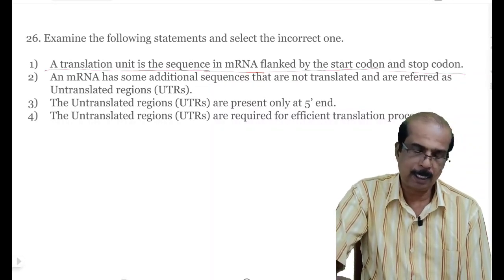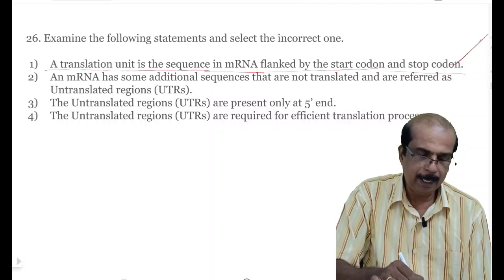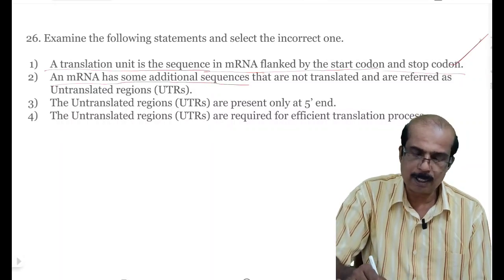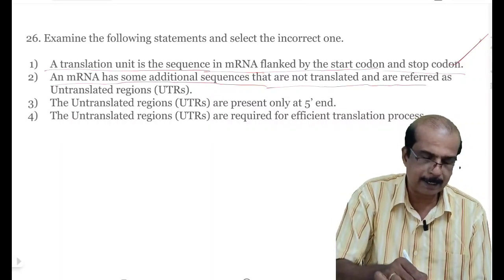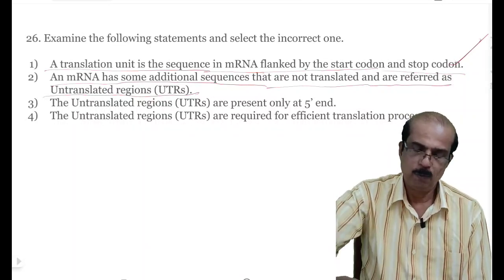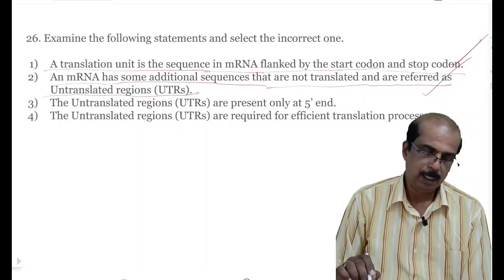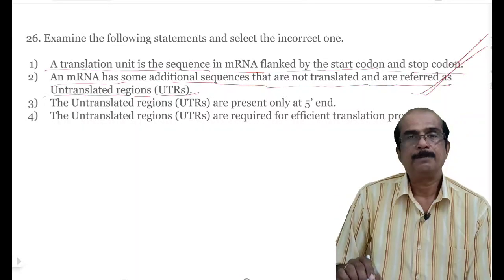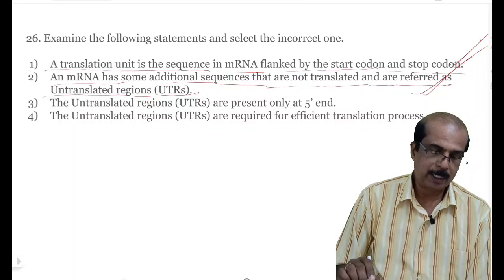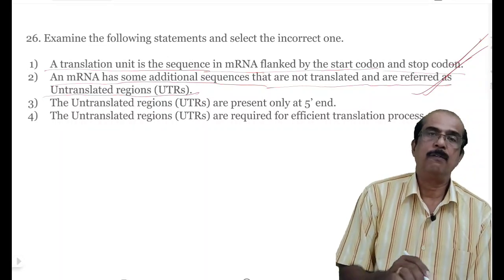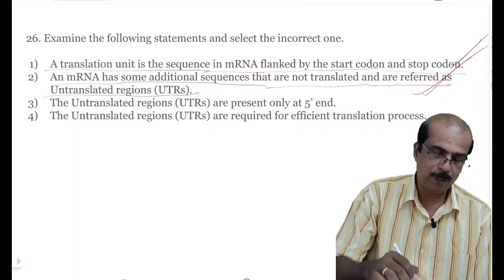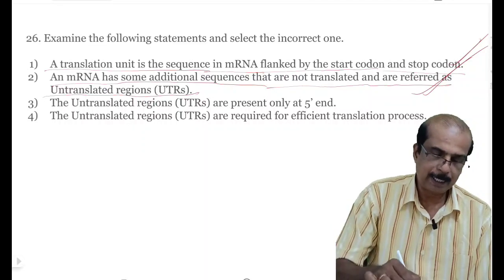Here the statement is correct. An mRNA has some additional sequences that are not translated and are referred to as untranslated regions or UTRs. Very correct. The translation unit of mRNA also consists of some untranslated regions.